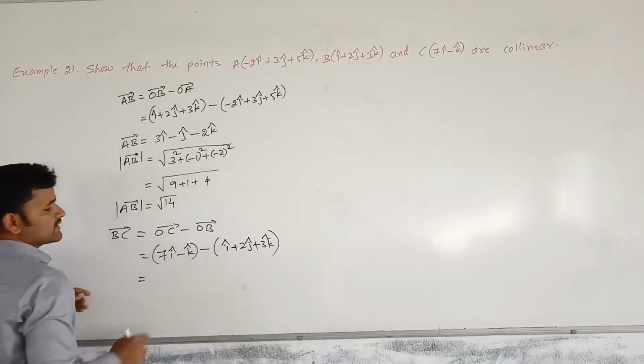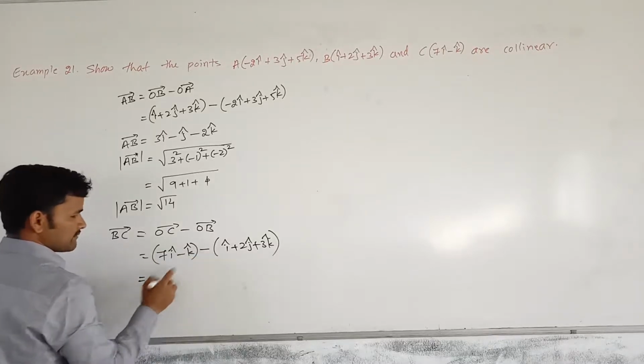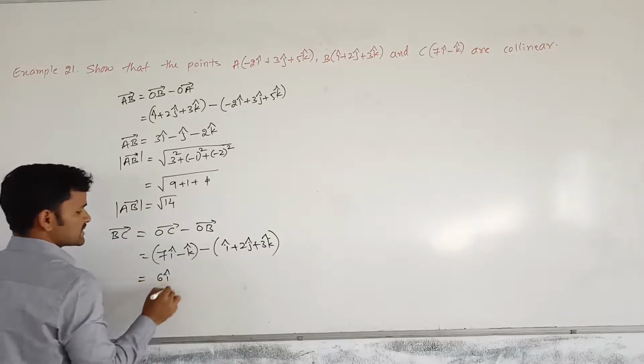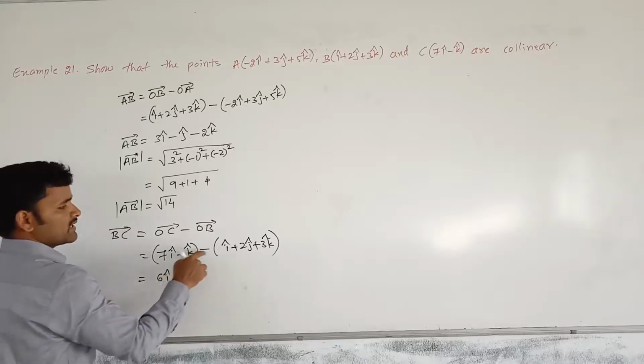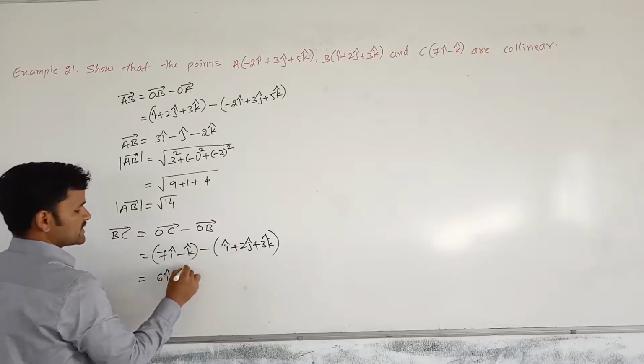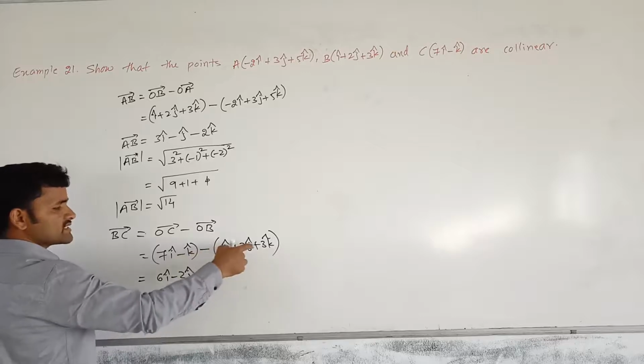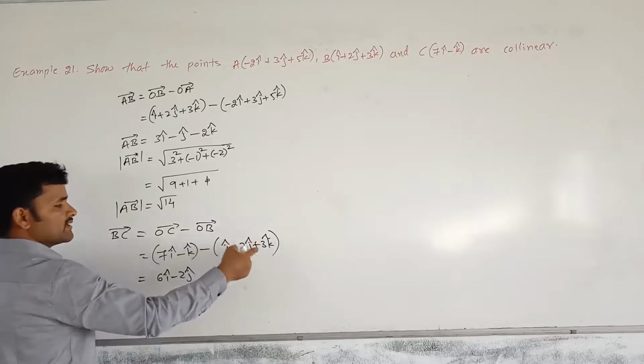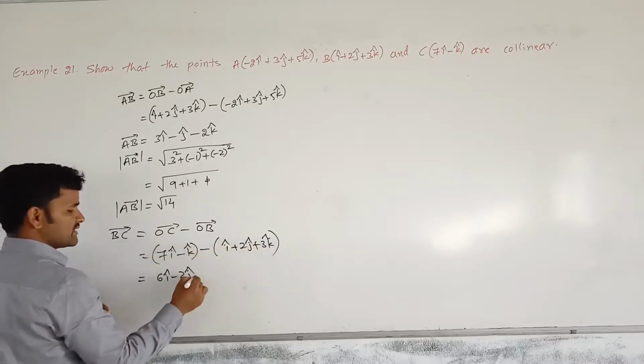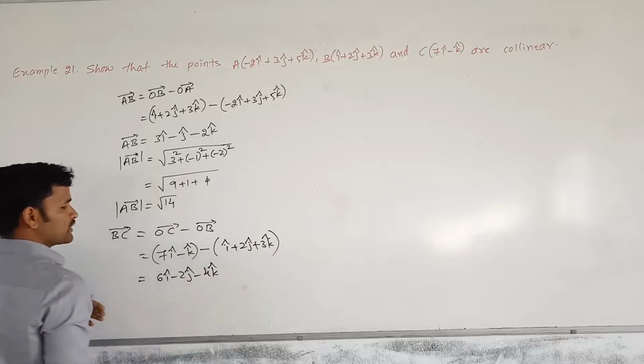Subtracting the corresponding components: 7i minus i is 6i. Minus 2j, write it as it is. Minus k minus 3k is minus 4k.